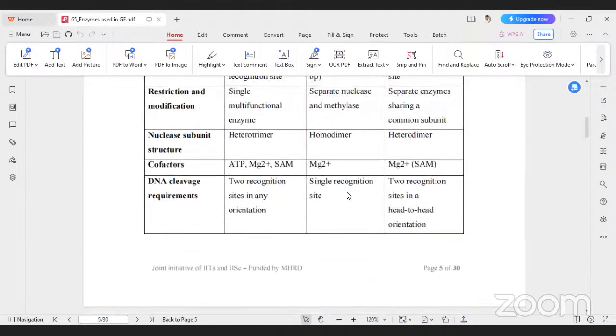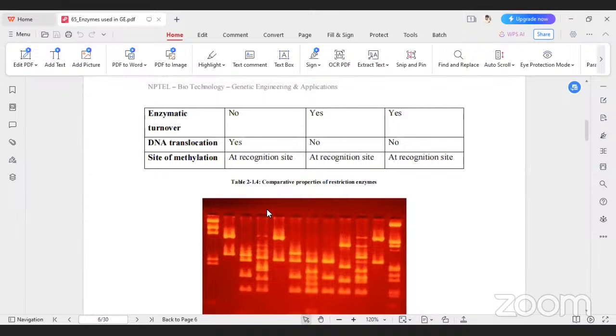DNA cleavage requirement: 2 recognition sites in any orientation, because one recognition site is for methylation, a single recognition site. Here 2 recognition sites and orientation.